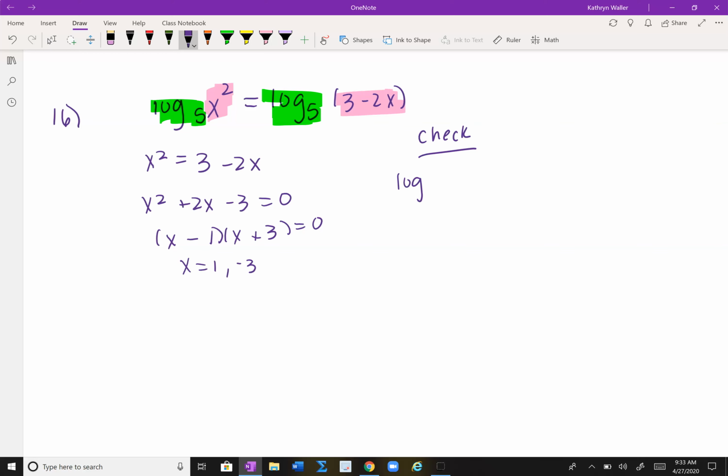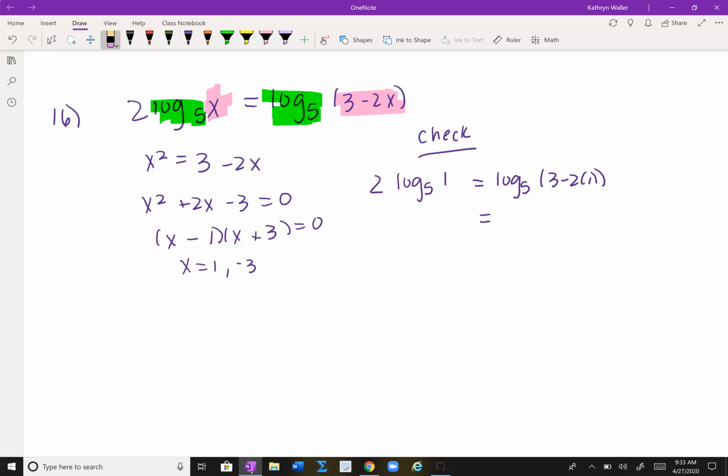So it's going to be log base 5 of 1 squared equals log base 5 of 3 minus 2 times 1. Okay, grab your calculator. Actually, you know what? That squared was not a squared originally, it was a 2 in front. So I have to check it in exactly the original method, or how it looked.